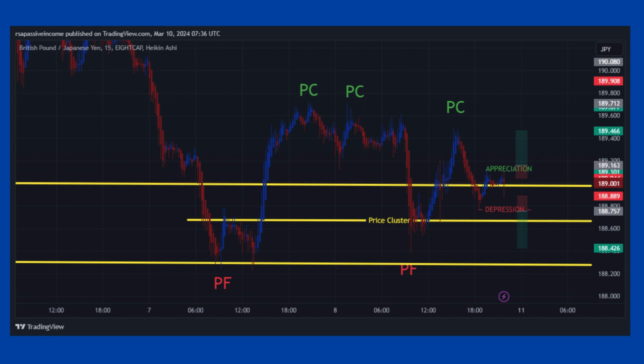Like I said, 10 pips above, stop loss here, 1 is to 2 or 1 is to 2.5. Same below.